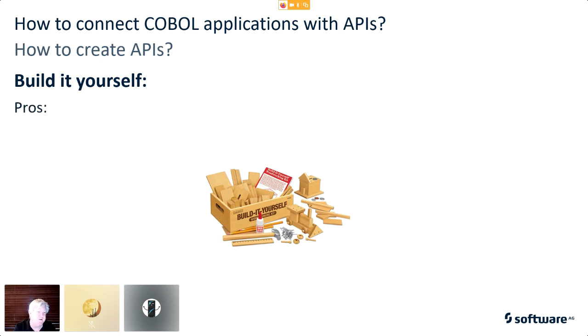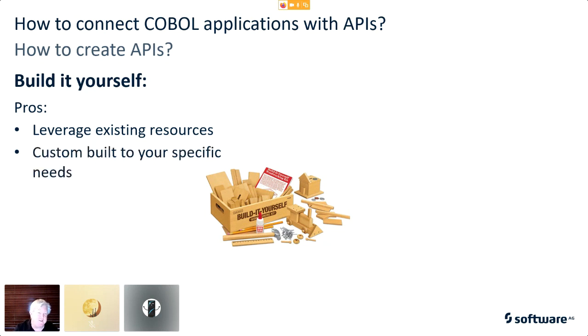There are some pros to it. You can leverage those existing resources. The interfaces are typically built to your specific needs, your specific requirements, and it is an absolutely lower initial cost. But there are some challenges with that.